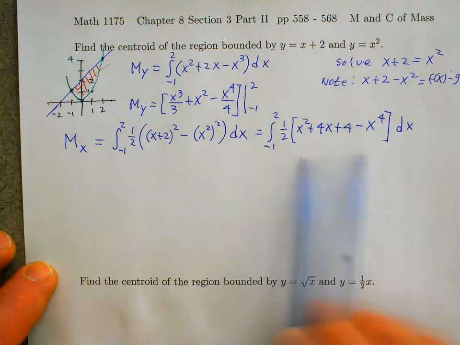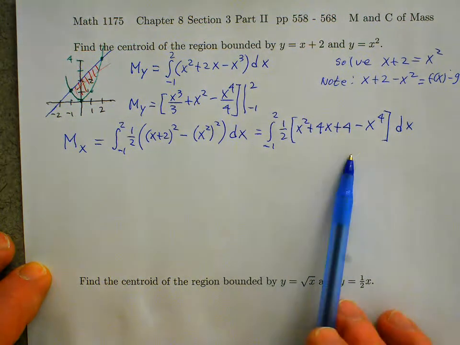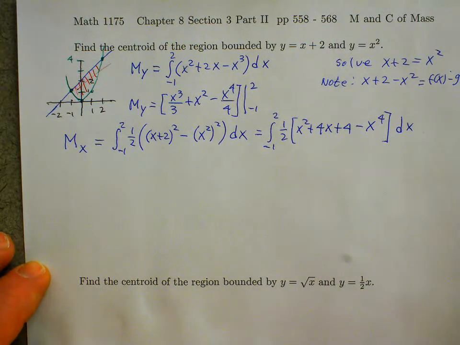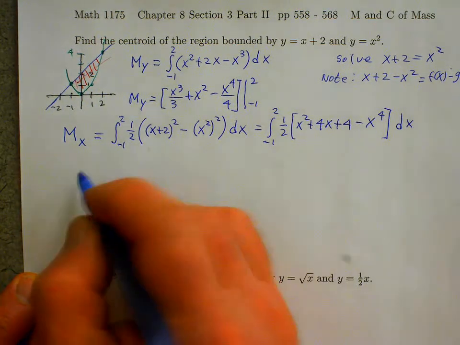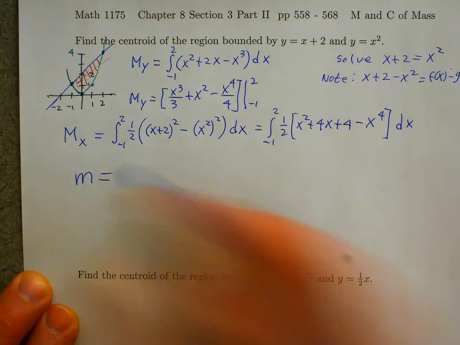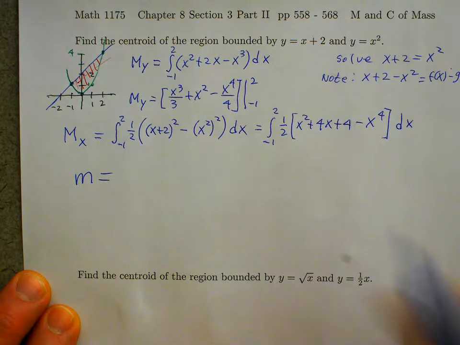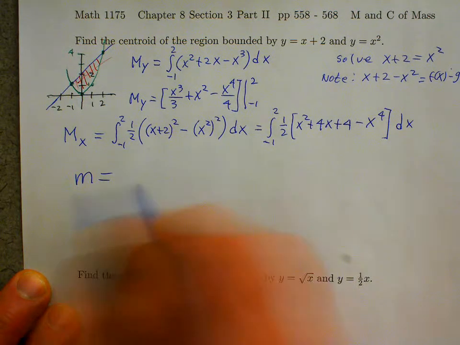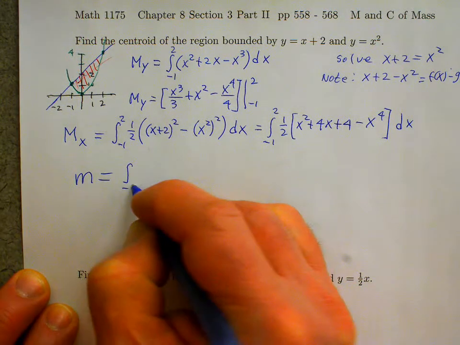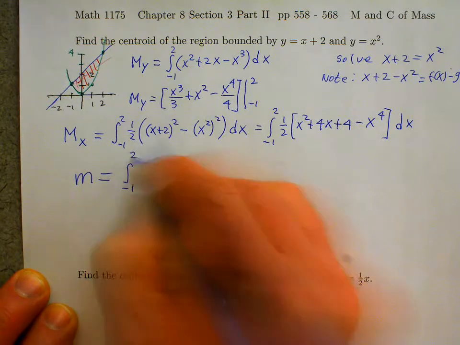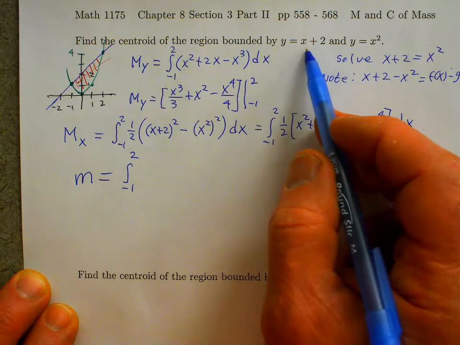This is also a fairly straightforward definite integral because we just have polynomials. And then m is rho times the area. We're omitting rho, but the area of that region is the definite integral from -1 to 2 of x plus 2 minus x squared.